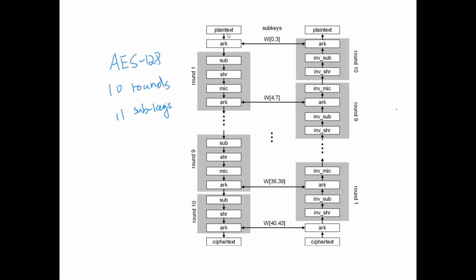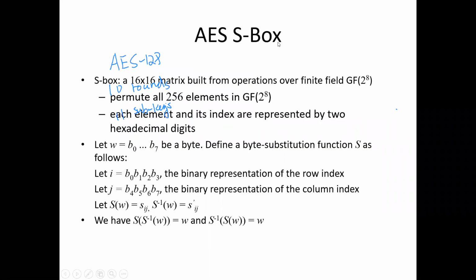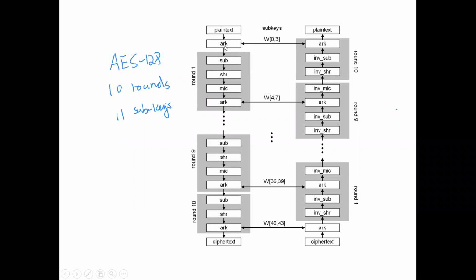Your plain text comes in, you first use the first subkey to produce some kind of confusion, and then the output of this is going to be the input of round one.